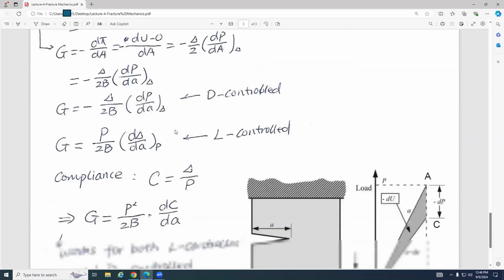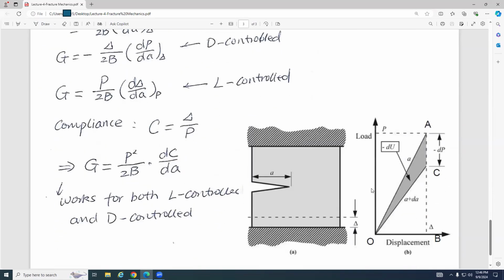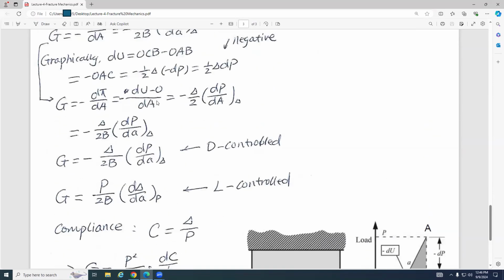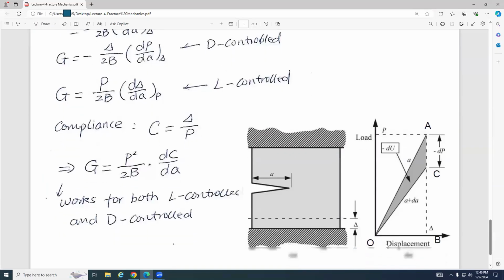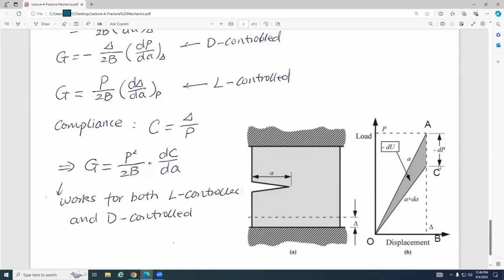And you can see here, this is the graphical picture. Graphically, dU equals the change of P multiplied by the displacement. The displacement does not change, but as the crack length changes, the dP changes.